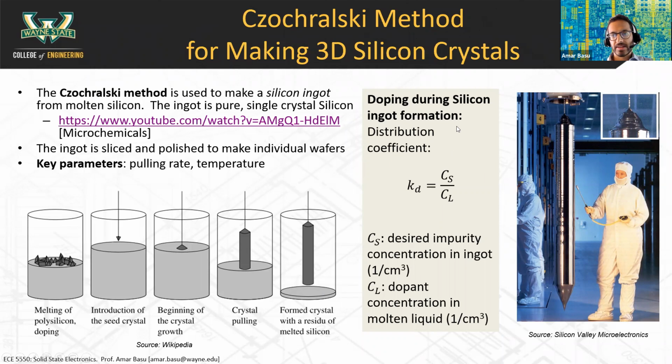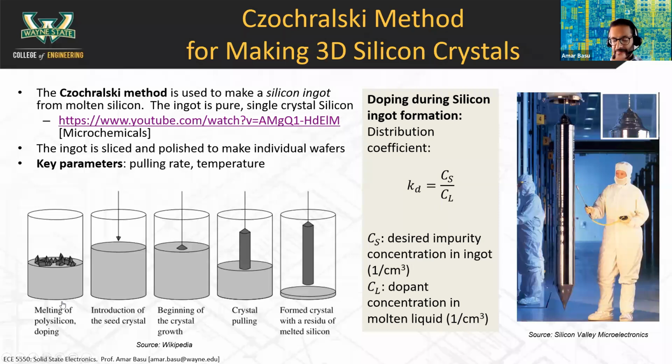Okay, and when you do doping, you have to consider this equation. There's something called the distribution coefficient, K sub D, and this is equal to the desired impurity concentration in the ingot, over Cl, the dopant concentration in the molten liquid. So you're basically adding your dopants into the molten liquid.